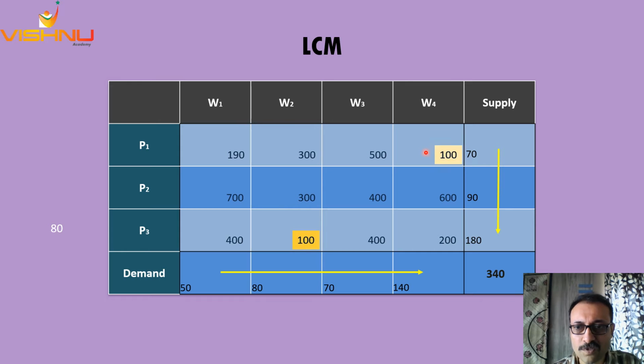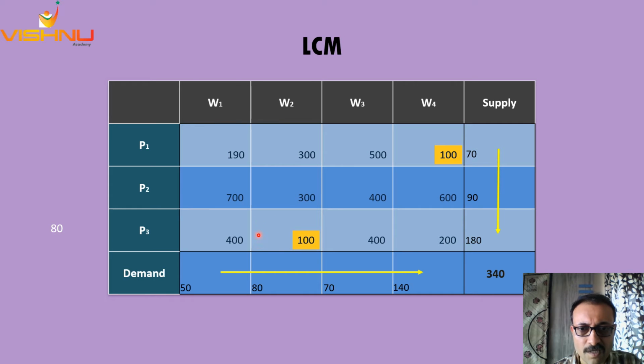So out of these two cells, P3W2 can be transported 80 units and P1W4 can be transported 70 units maximum.